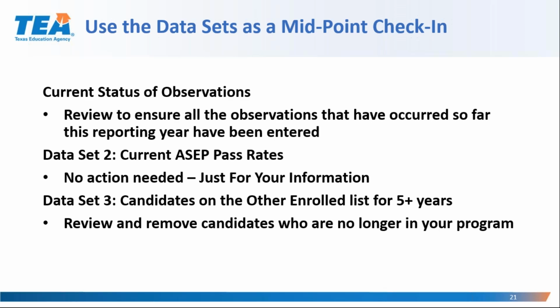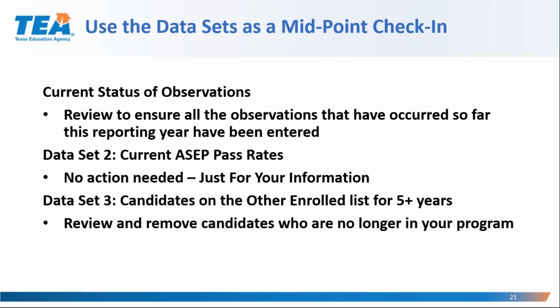As mentioned on the previous slide, one key use of dataset 3 is to help you with cleanup of your finisher records list. As you are aware, candidates with a status of other enrolled at the end of one reporting year will roll over to the new reporting year automatically. While this is a very helpful feature for record keeping, it does pose a problem when a candidate leaves the EPP unnoticed.